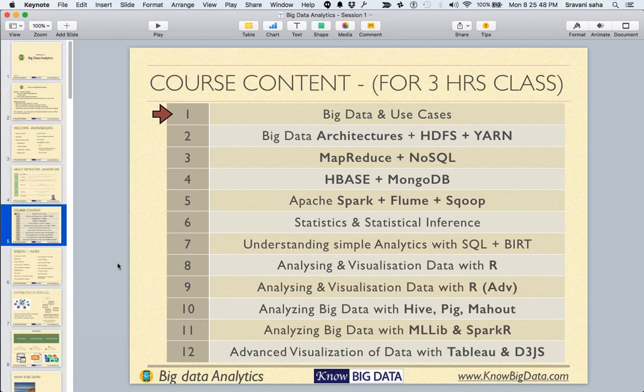We will cover statistics, like the various ways of computing statistical inference, and how to decide whether a hypothesis is wrong or right. Afterwards, we will dive deep into simple analytics, using a bit of SQL and a tool called BIRT.